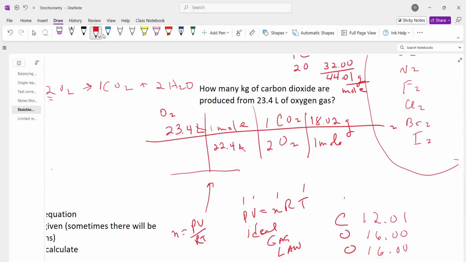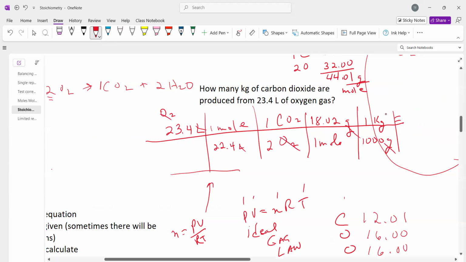But we need to be in kilograms, not grams. Okay, so everything cancels except kilograms. And it's going to be 3 sig figs.